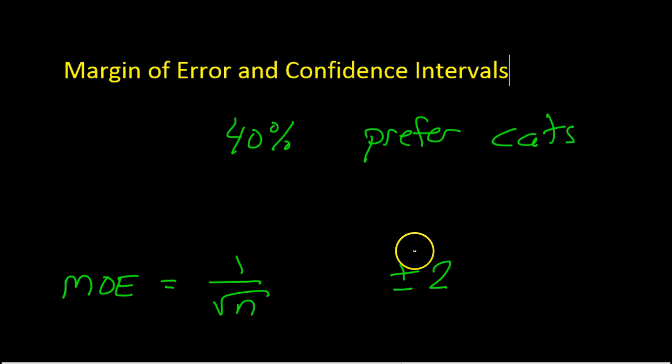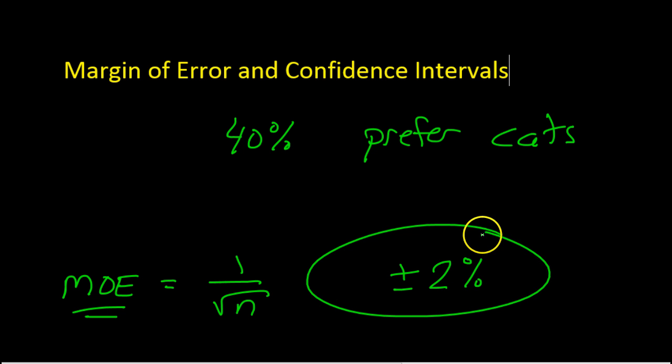But the way that we conducted that survey, it turned out we had a margin of error of plus or minus 2%. That means if I wanted to know what percent of the entire population prefers cats, it might be a little bit higher or lower than what my survey results said.